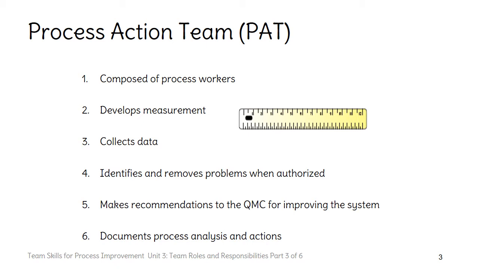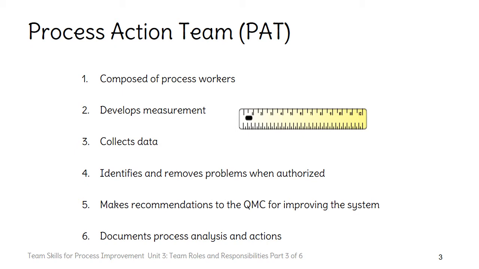3. Collect data. Under the guidance of the QMC, they establish clear data collection procedures. The team must not only collect enough data using these measures, but they must be sure to collect the right data that gives a true picture of the performance of the process.